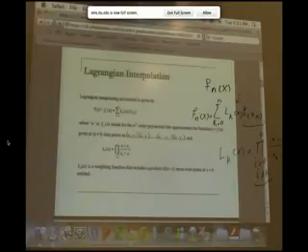Okay? When you have that, you do all of this multiplication based on the order of your calculation. This n that you have is basically the number of data points that you have. So that's the order of approximation that you are considering.